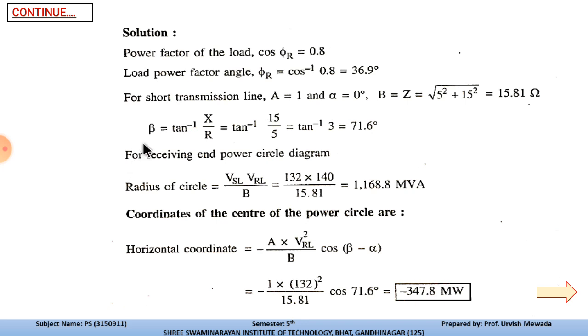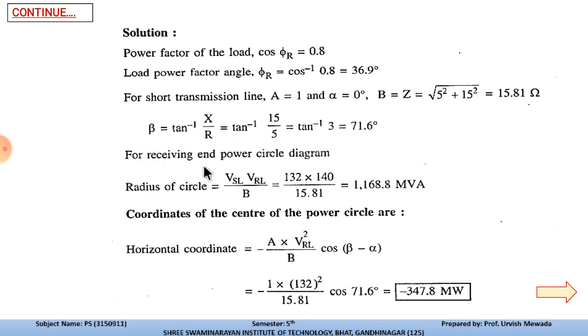Then beta is equal to tan inverse of X by R, where X is the reactance and R is the resistance per phase. So tan inverse of 15 by 5, tan inverse 3, is equal to 71.6 degrees. This is the beta angle.